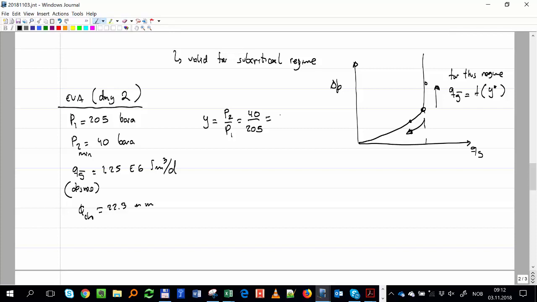How much do we have here? 195, and that means the critical is something always close to 0.5. So if my Y is less than the Y critical, this means I'm in the critical regime. We're going to see that soon. That's the rate I desire. So let's see if this choke of 0.22 will give me that rate.